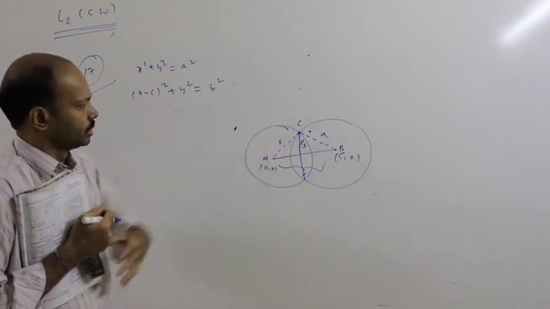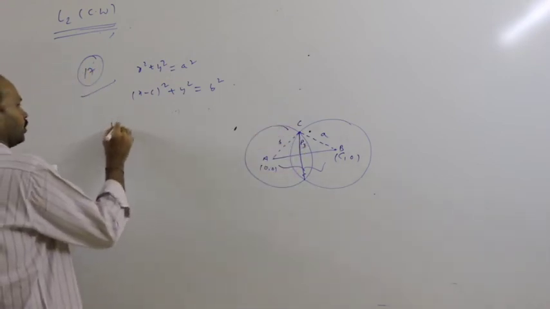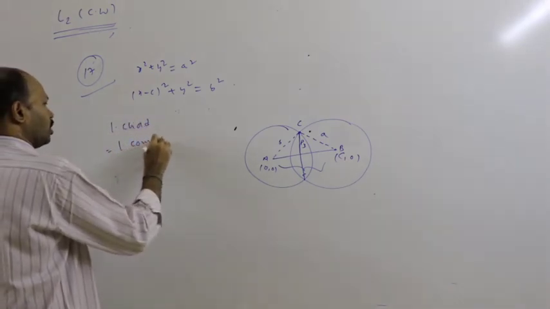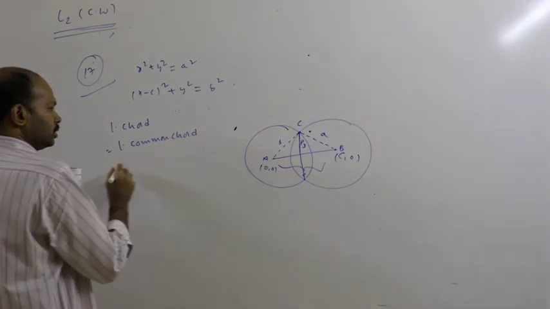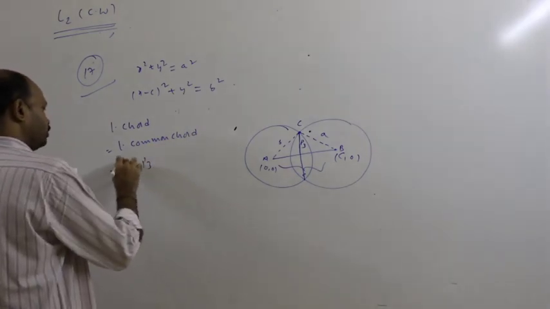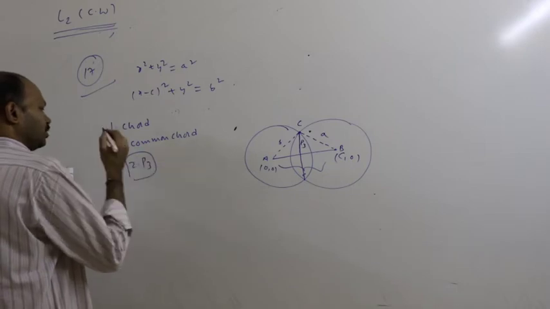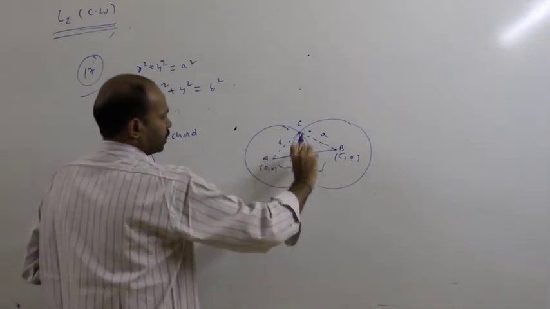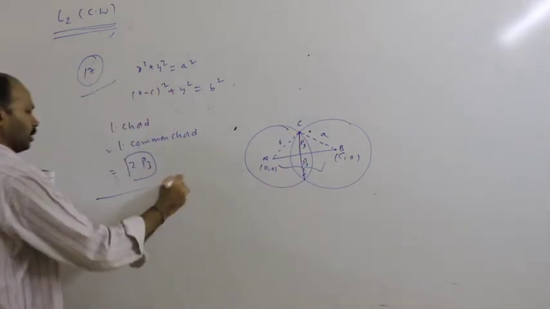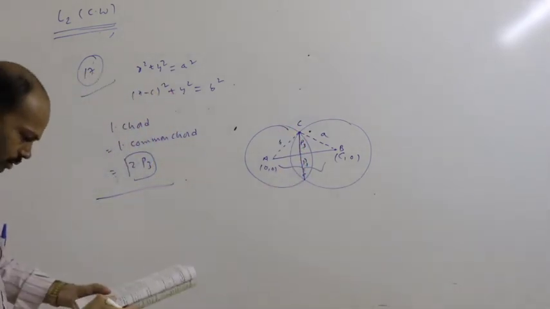Because we need this. So the length of the common chord is equal to 2 times P3. As this part is P3, this part is also P3. So 2 P3 is your answer, and check yourself.